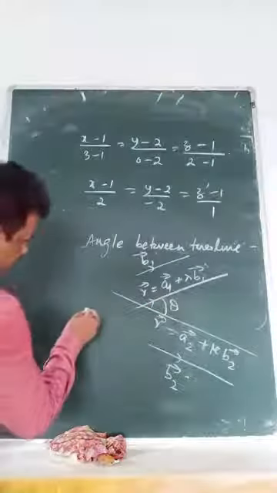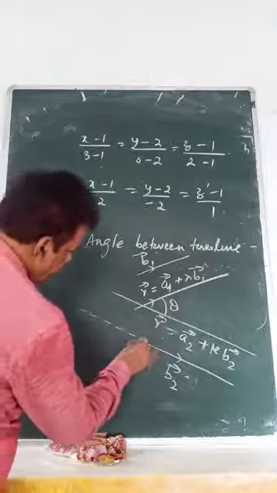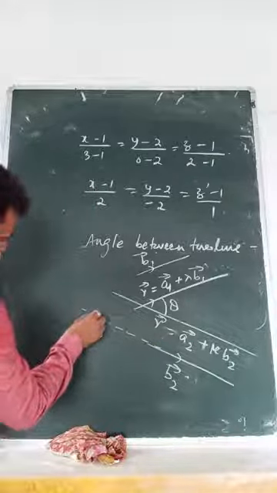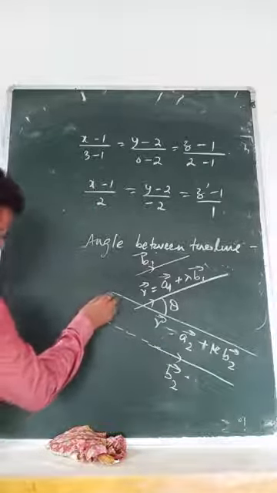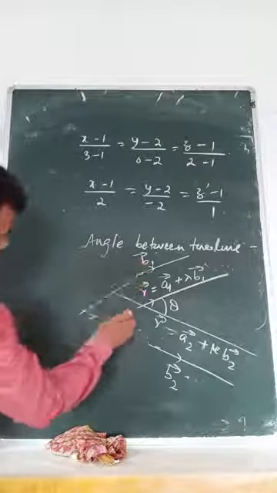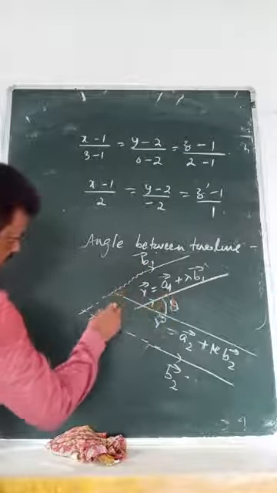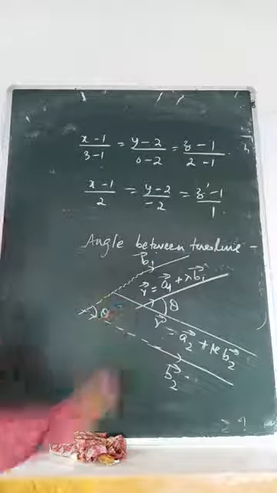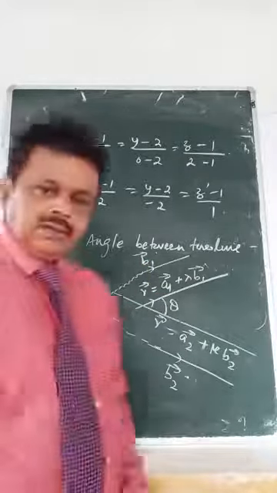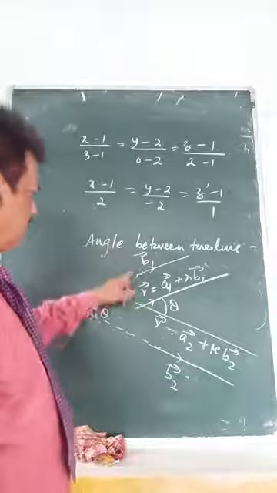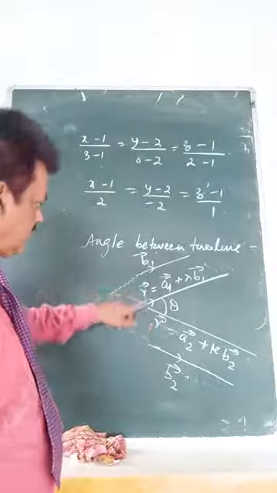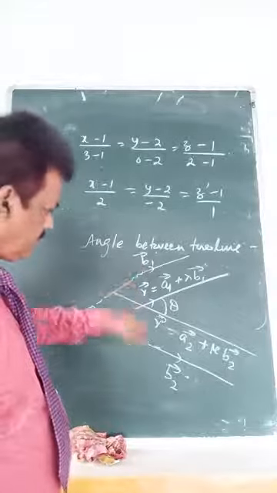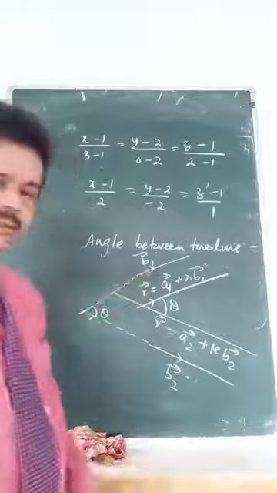Now if you extend it, then corresponding angles are equal. So angle between 2 lines is same as angle between their parallel vectors.